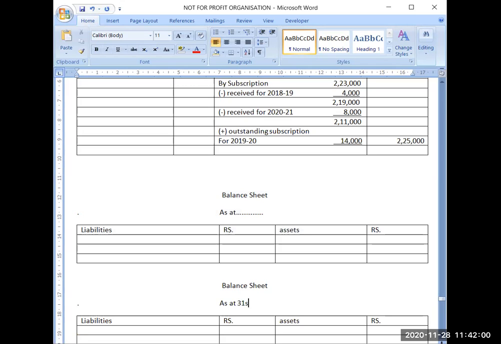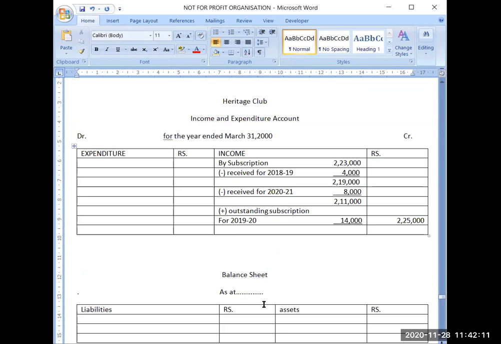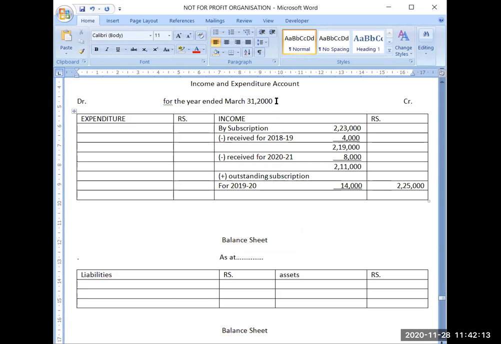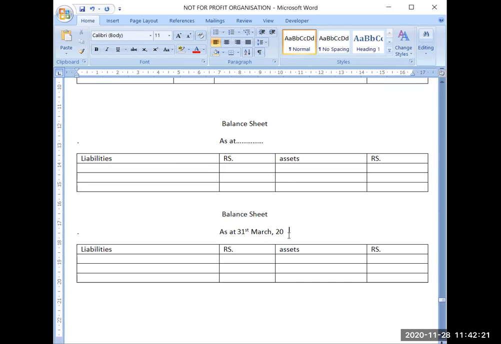As at 31st March 2020. And this will be as at 31st March 2019.